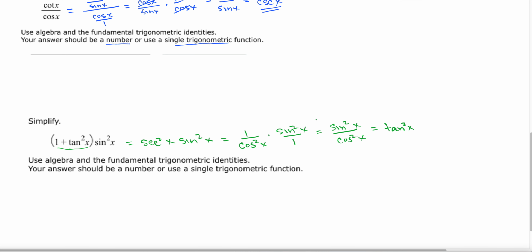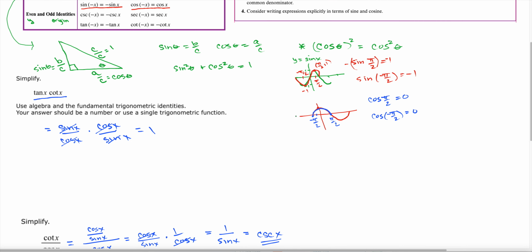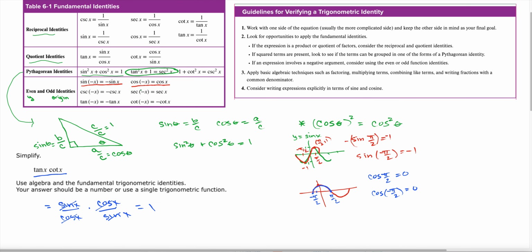So one last thing to note about those Pythagorean identities is that they have different forms. These are written out each using sine, cosine, tangent, secant, and relating cotangent and cosecant. But you can solve these equations for any one of those functions.